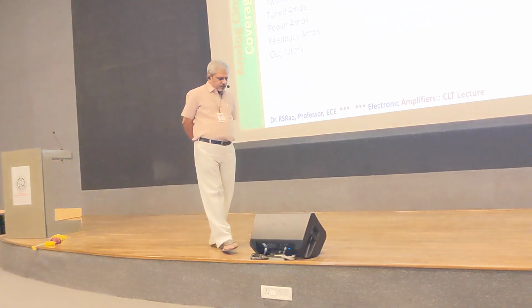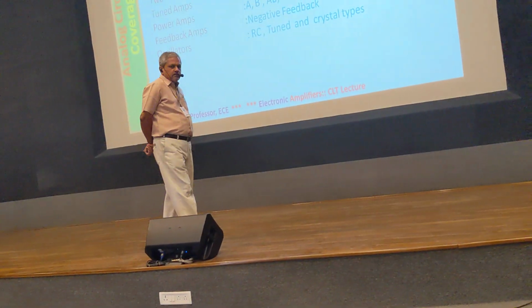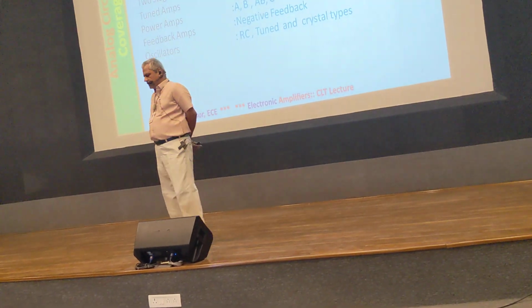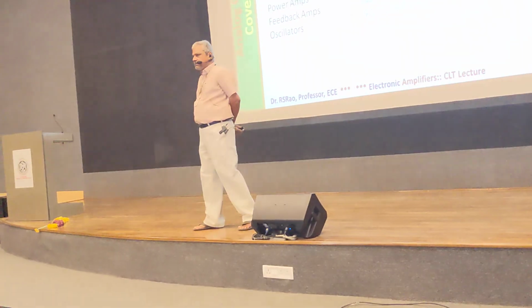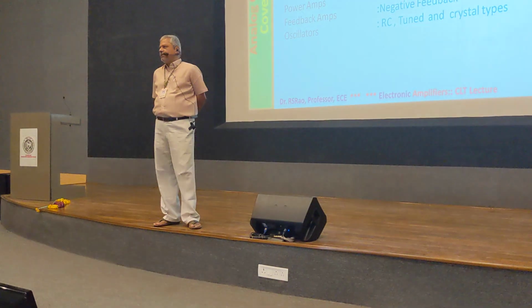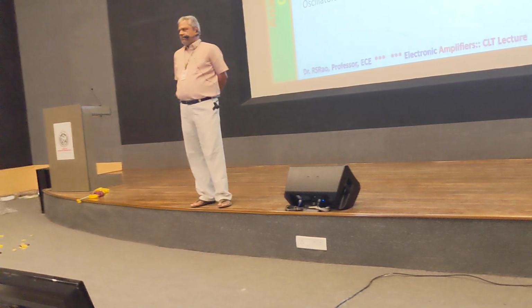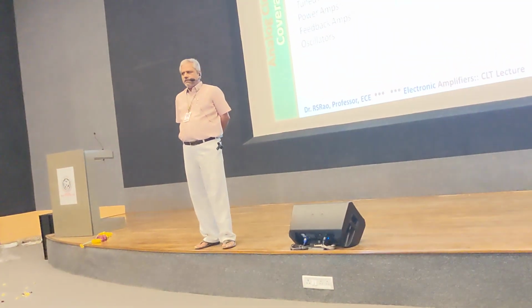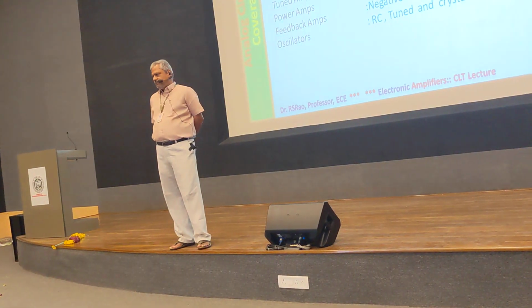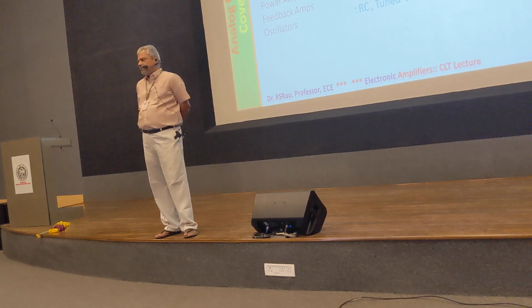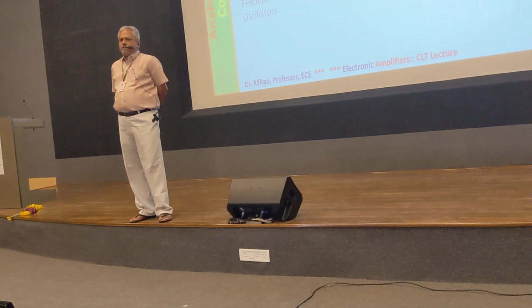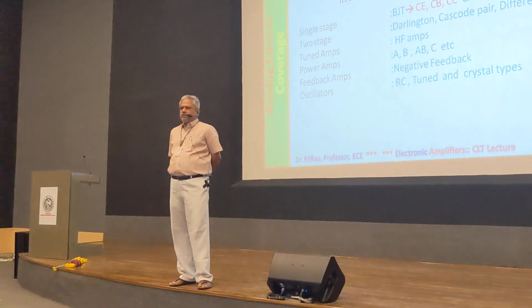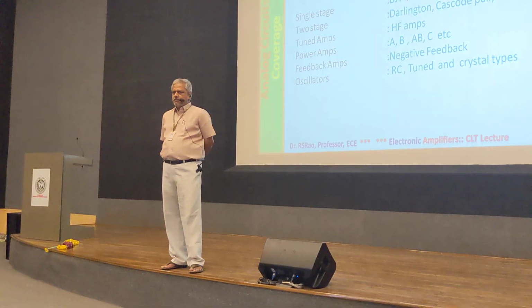If the voltage of the signal is made large, then that is a voltage amplifier. If the current of the signal is made large, then it is a current amplifier. If the power of the signal is increased by the circuit, then that amplifier is called a power amplifier.